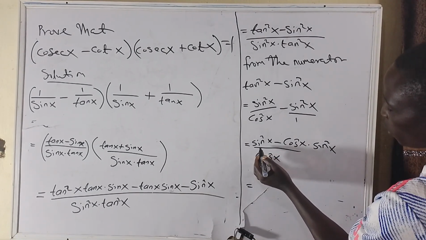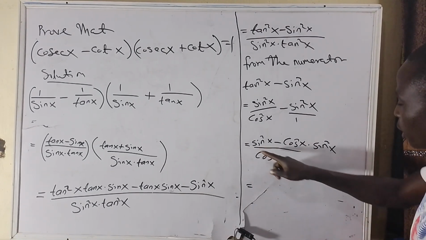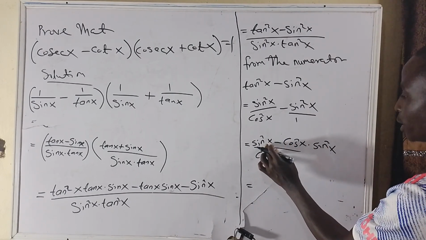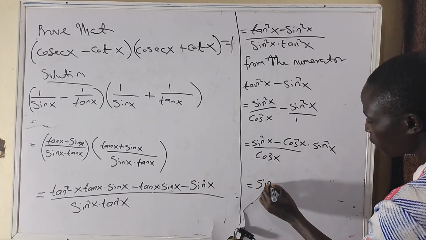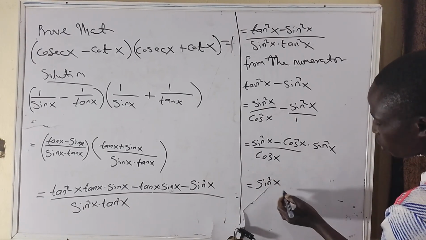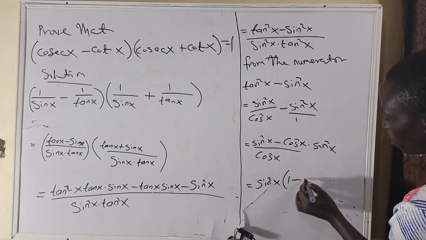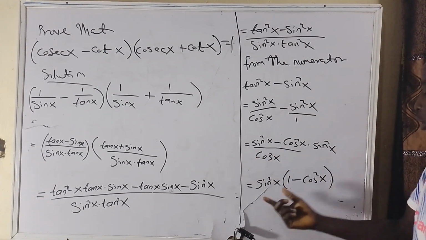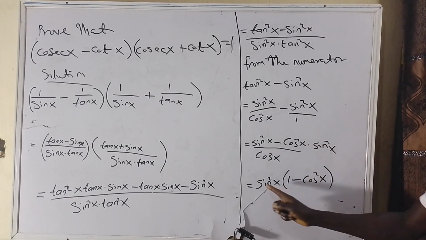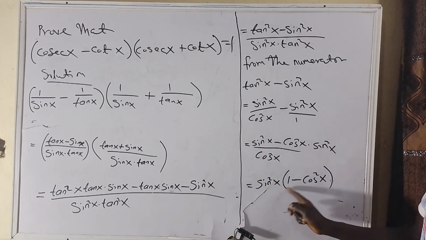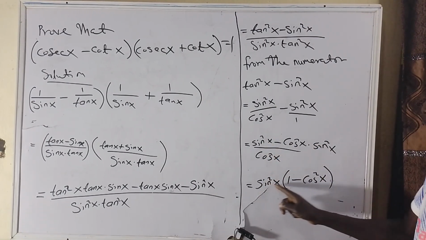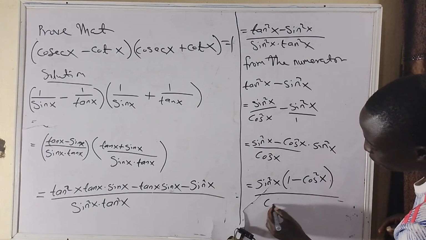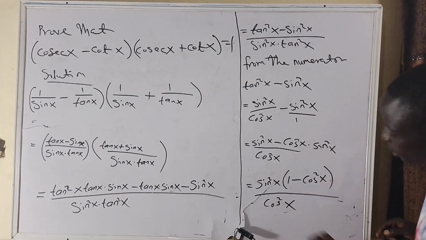Then when we look at it, we will understand that we have something in common, which is sin square x. Then I will factor sin square x out. Then I have 1 minus cos square x, because when I open this bracket, I will actually get this back. Sin square x times 1 is sin square x, minus sin square x times cos square x. Then I'll have cos square x here.